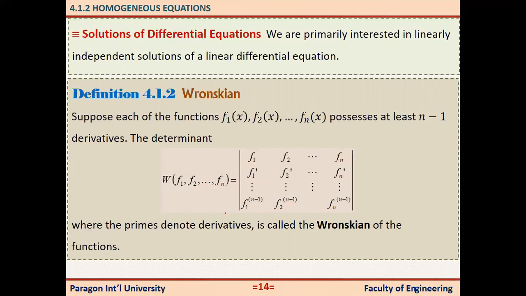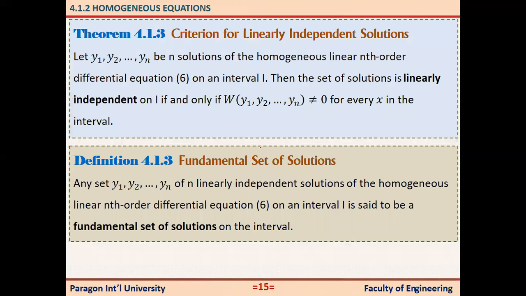This determinant is called the Wronskian of the functions. This is how we define the Wronskian determinant, and it's really important for determining if these functions are linearly dependent or independent. This is another way of determining whether a bunch of functions are linearly dependent or independent.